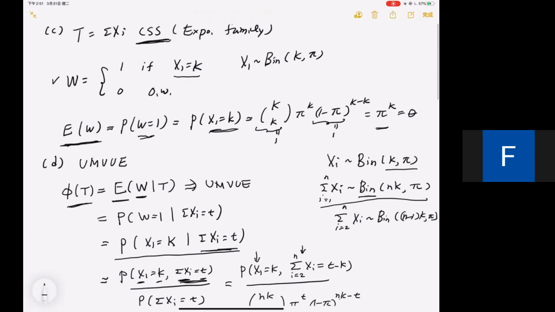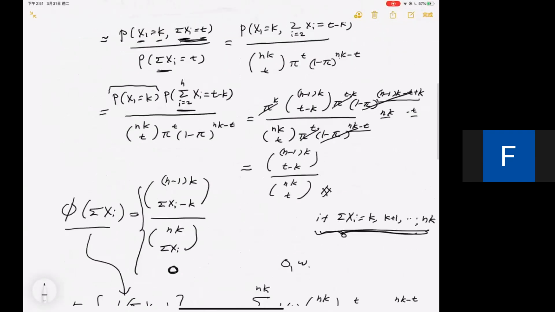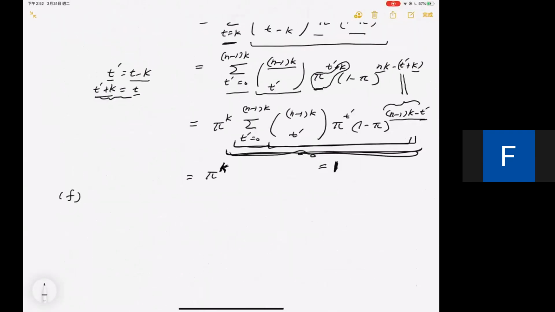So theta hat MLE is pi hat MLE with power k. And pi hat MLE from A is x bar divided by K, and then with power K.